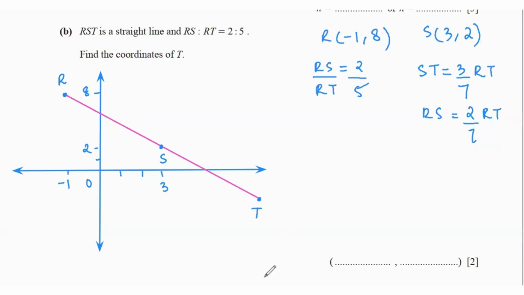So we're going to use the concept of vectors to find the coordinates of T. Now we know that RS over RT is 2:5.